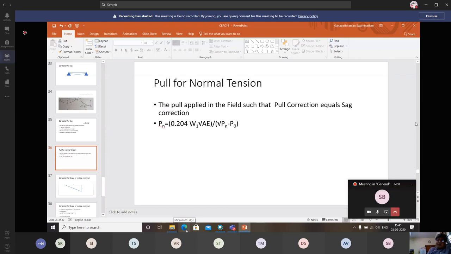I have used the symbol somehow, so the root is of Pn minus P naught, and it is for the complete expression. Is it okay now?